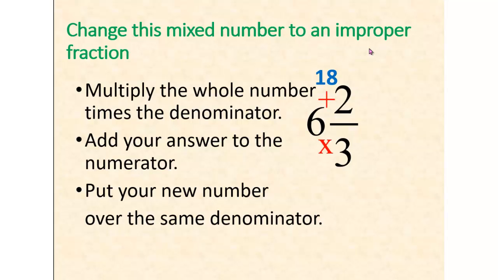Add your answer to the numerator, so plus 2, 18 plus 2, which equals 20. So now I will have my improper fraction as 20 over 3. And keep in mind that we keep the denominator the same. Now, after I knew the 4 important tips that I can use while adding and subtracting rational numbers, let's now take more examples.